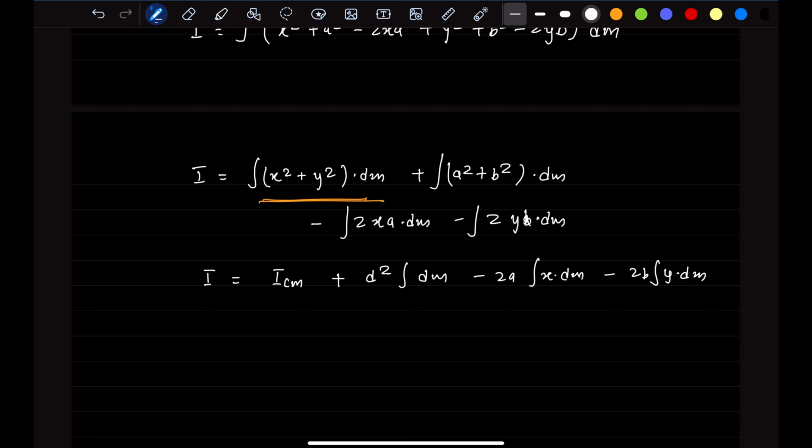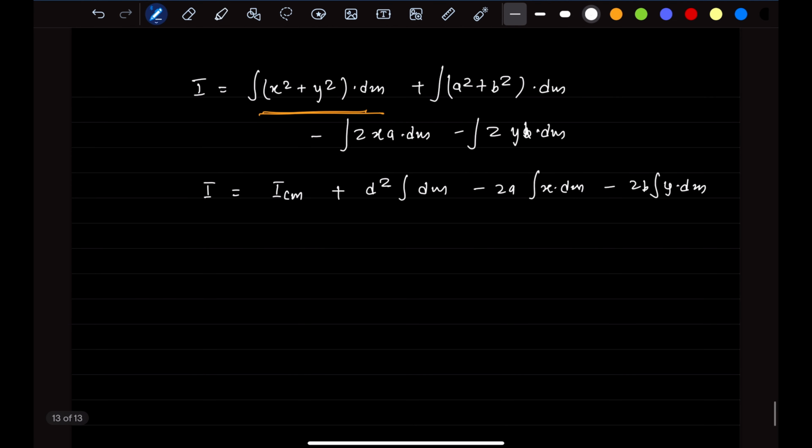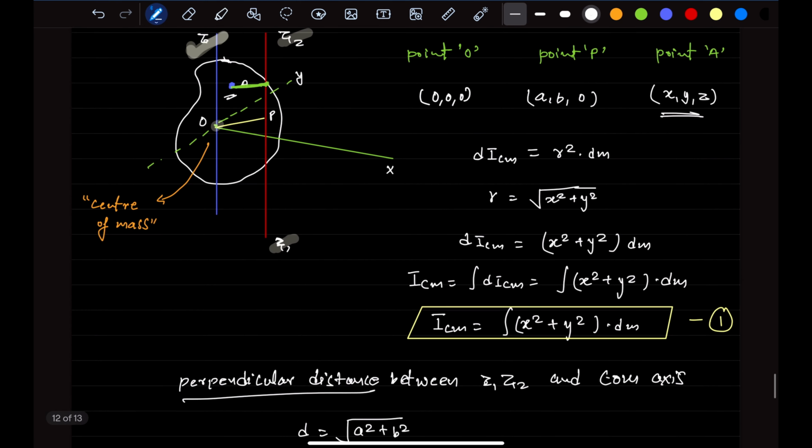Now, do you know the formula to calculate the center of mass? If I ask you for the x coordinate of the center of mass of a continuous mass distribution, you will say its formula is the integration of x dm divided by m, and similarly y_cm is the integration of y dm divided by m. Now, what are the coordinates of the center of mass?